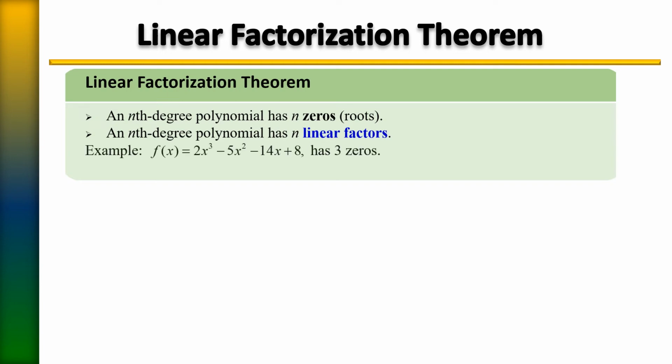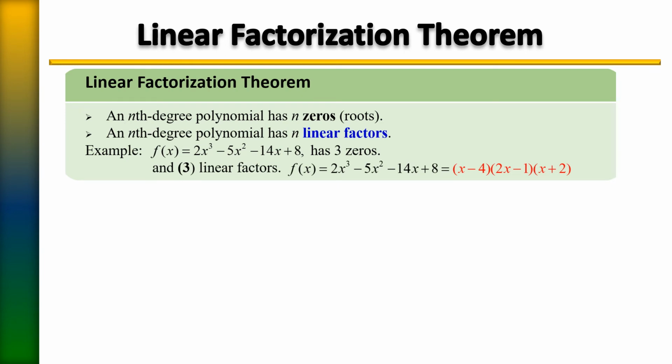So here's what we mean. In this example of the given polynomial, out of all the terms, the highest degree is the degree of 3. So that means this polynomial will have 3 zeros and 3 linear factors.